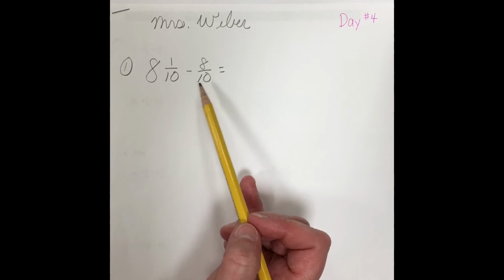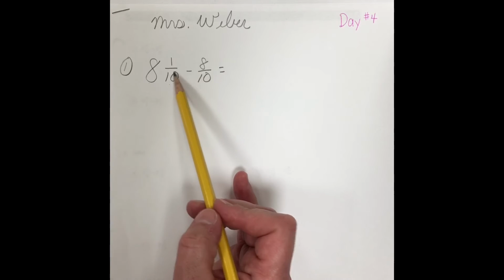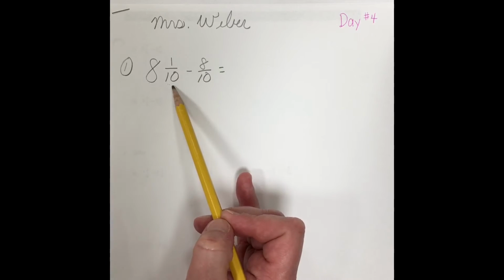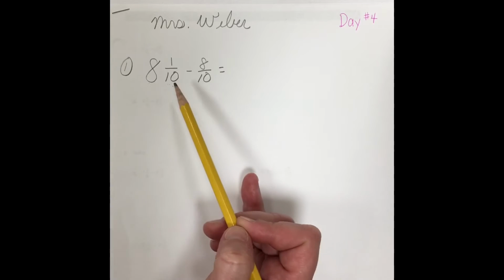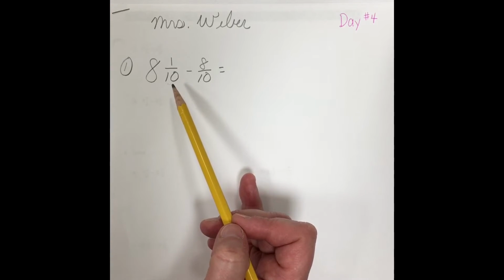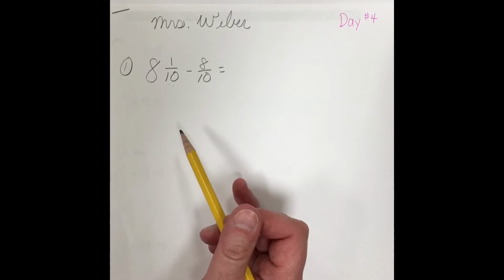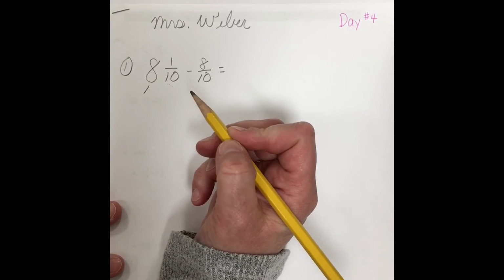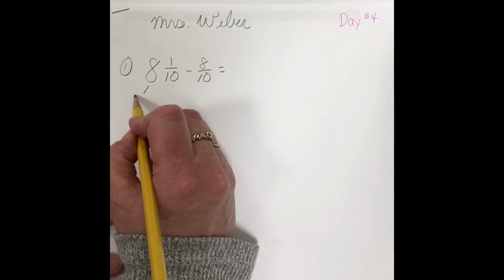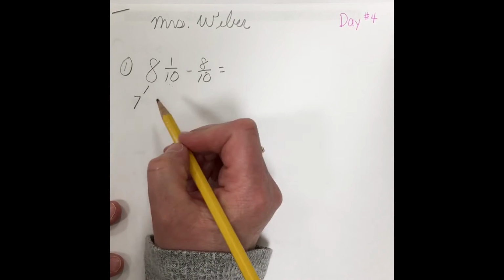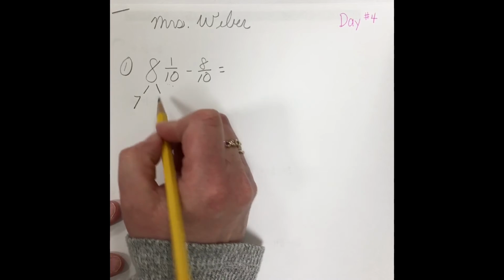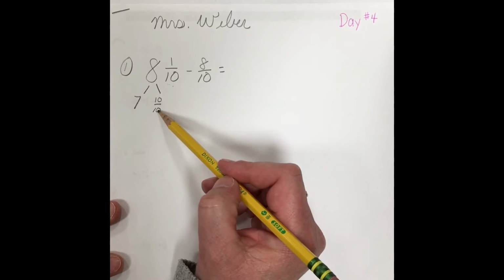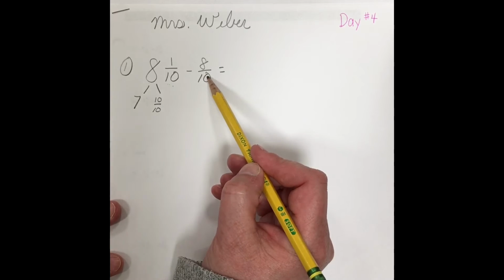When I look at my fractions, do I have enough tenths to subtract 8/10? Well, no. So what I'm going to decompose is the 8 ones. I'm going to take 1 away from it and leave it with 7. And that other one I'm going to turn into 10/10. I'm turning them into tenths because that's what our denominator is.